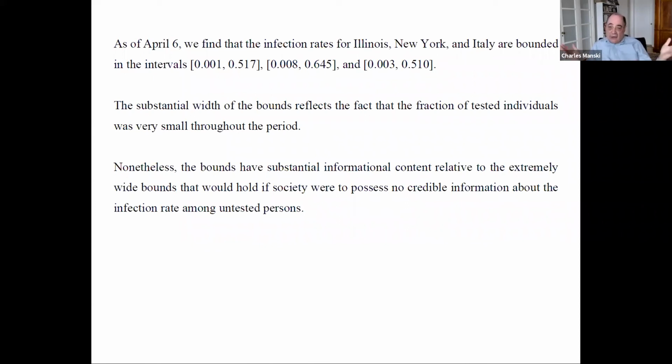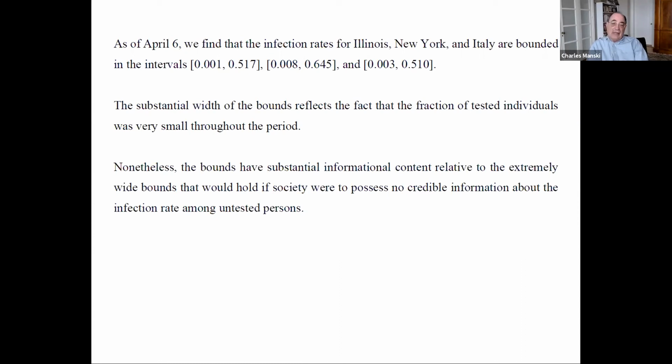If you knew nothing at all, you would just say the infection rate's between 0 and 1, so the bound would be of width 1. If you knew everything, the bound would be of width 0. But we're able to narrow this down to about half that length: 0.1% to 51% roughly in Illinois, again 0.1% to 65% in New York, and then 0.3% to 51% in Italy.